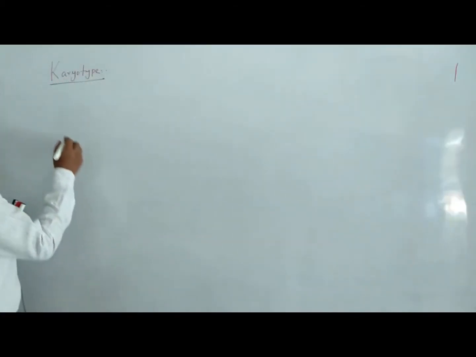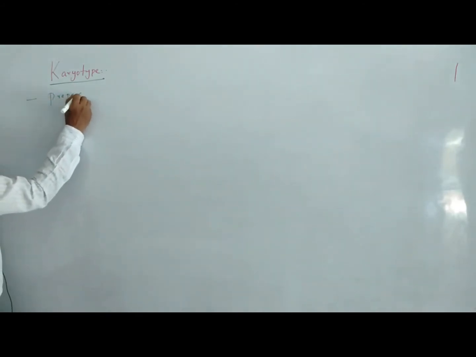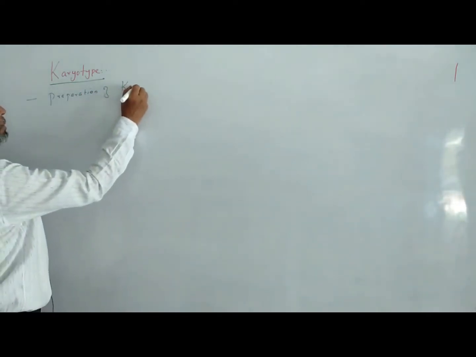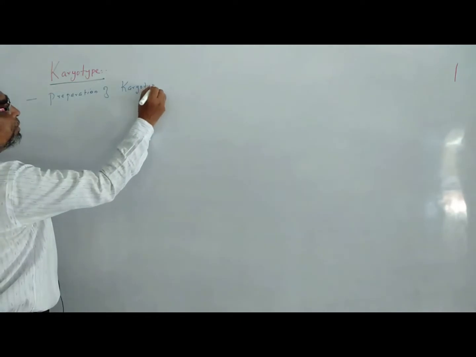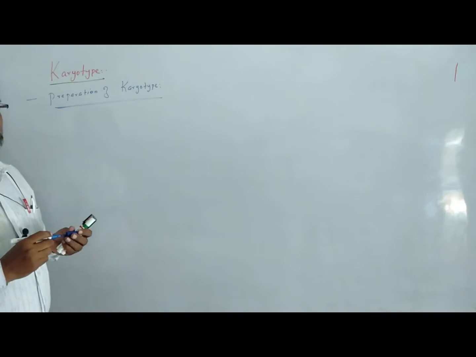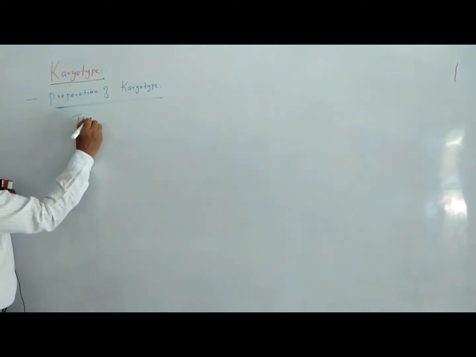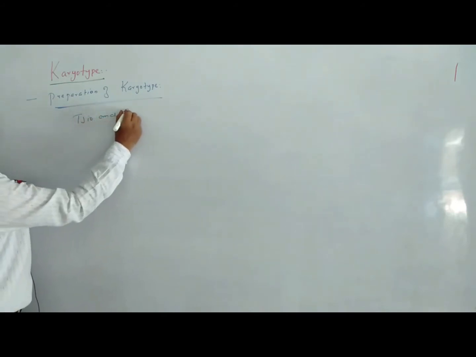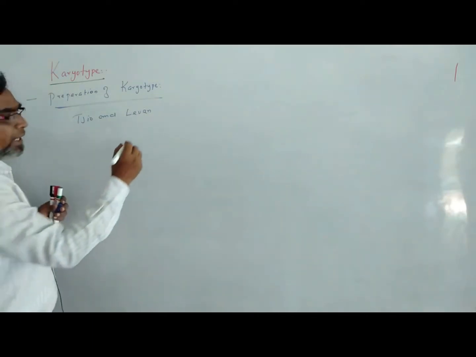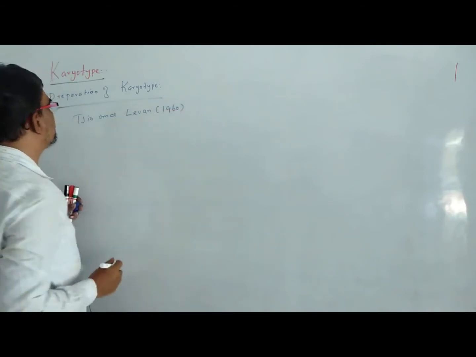Next students, we are going to study the preparation of karyotype. This method was first introduced by T. Geo and Levin, the scientists, in the year 1960.